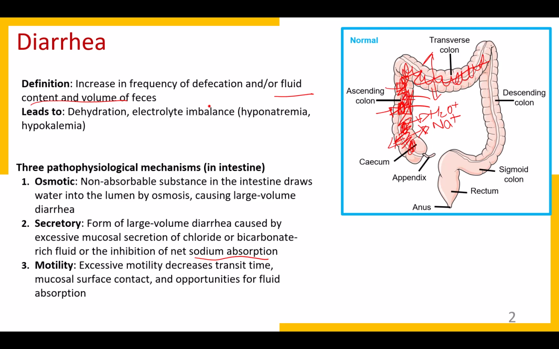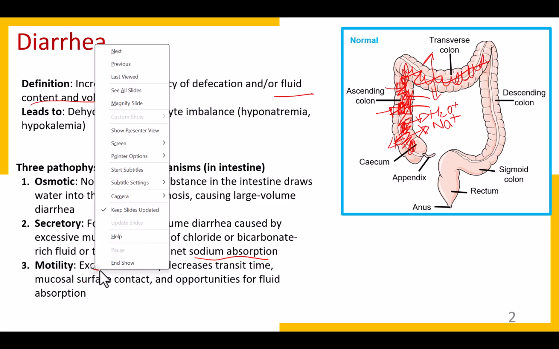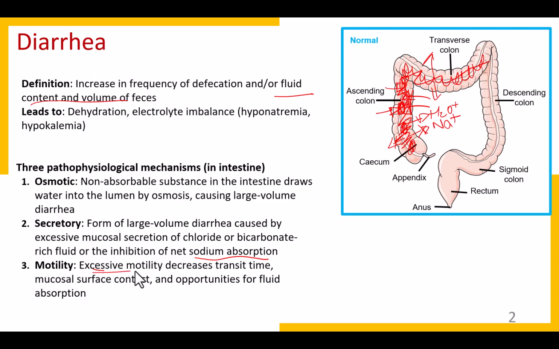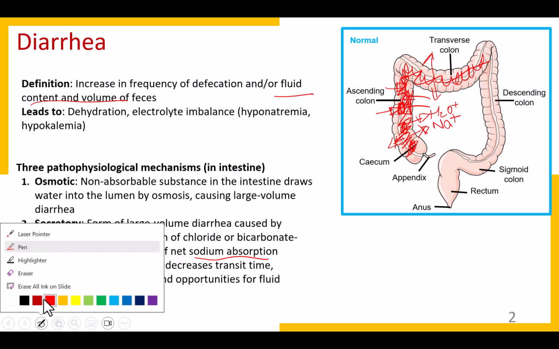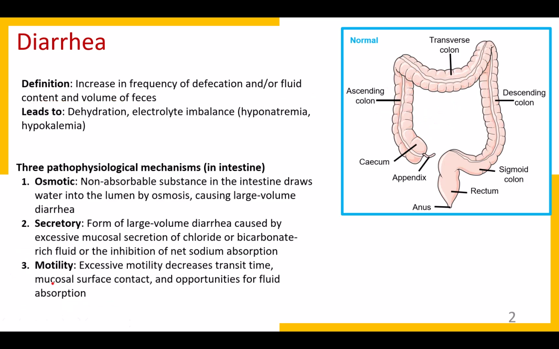So motility is the movement of contents through the digestive tract. And what you can see here is that if the motility speeds up, if you have excessive motility, then instead of it taking 10 or so hours for the contents to make its way through the large intestine, it speeds up very, very quickly.